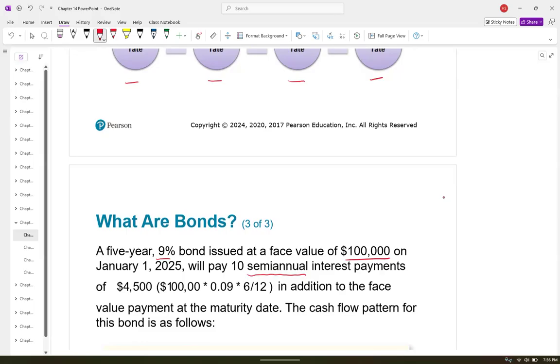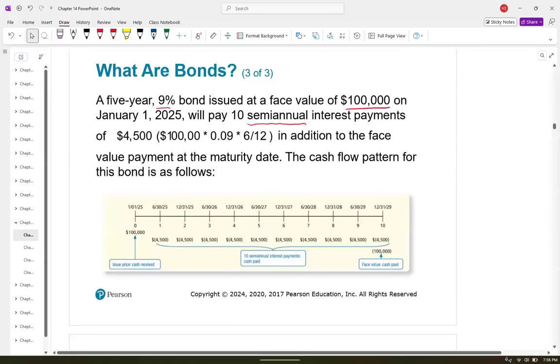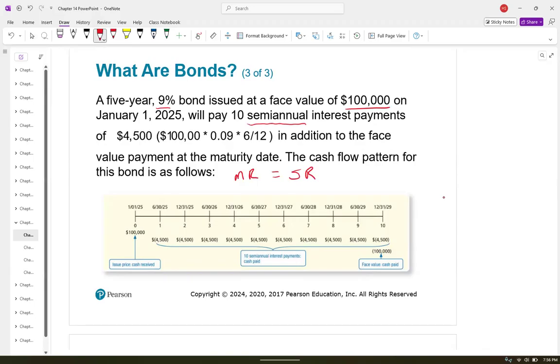So the cash flow pattern for the bond is as follows. Real quick, before we get into that, this is an example of the market rate being exactly equal to the stated rate. I just wanted to throw that out there because we are going to get to where they're different.